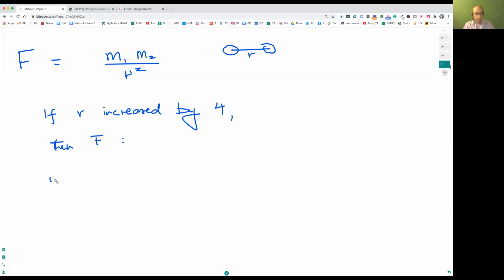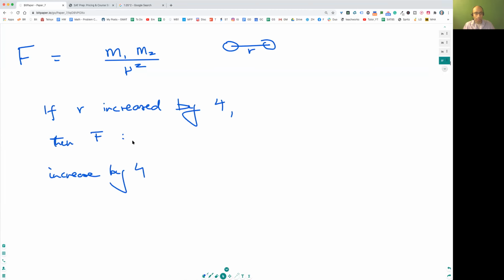Does it increase by 4? Let's say instead of increase by 4, increases 4 times. That's a better way to say it. So if r increases 4 times, then what happens to the new force? So r became, let's say r is 1, now it became 4.